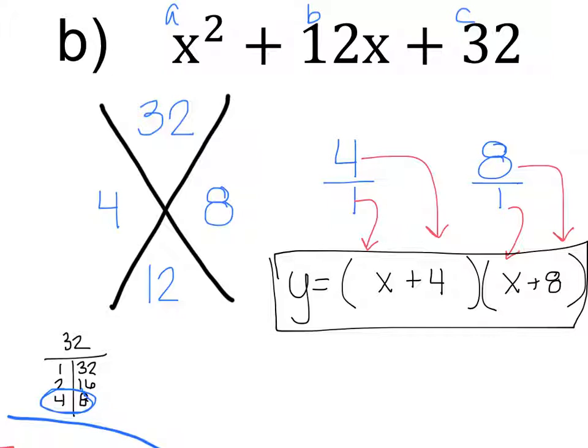If you see here, the last term when you would FOIL would be 4 times 8, which gives us 32. And the middle terms, when you'd multiply, the outside would be 8x plus 4x, which gives us 12x. So that's where we get that these numbers multiply to get 32, add to get 12. Pause it if you need to. If not, let's keep going.